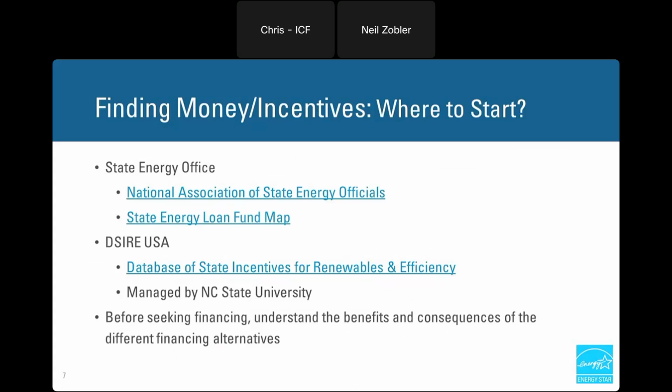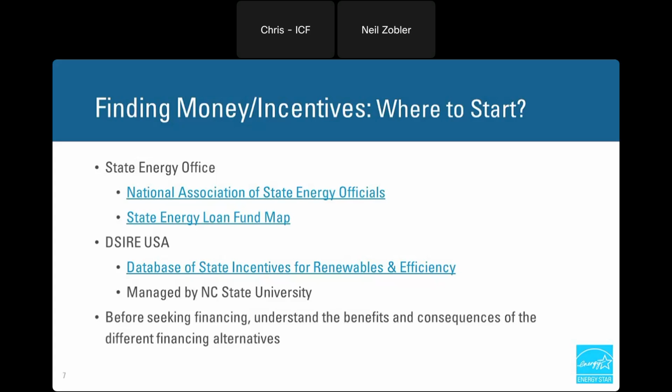So where do we start? A great place to start is your state energy office. That's become increasingly important because a lot of the financing programs and the grant programs that have been initiated through the IRA and the federal government are being managed by the local states. So it's a great place.